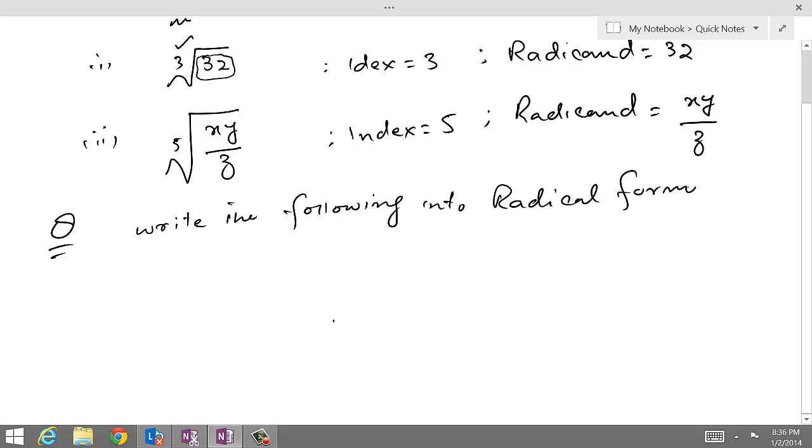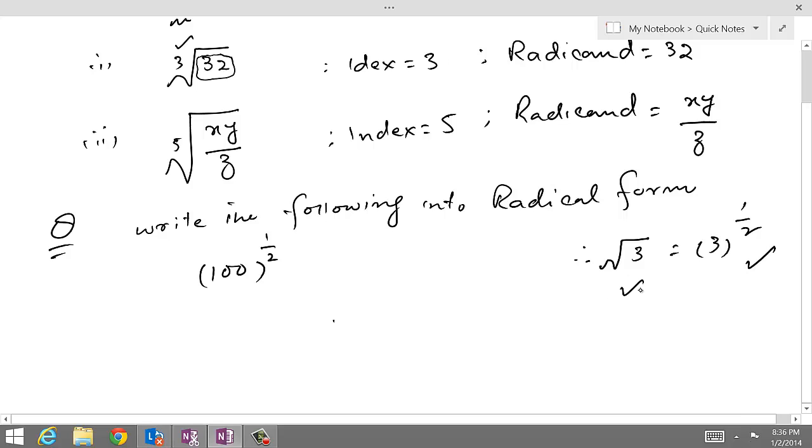Here what we have is 100 power 1 by 2. If you remember, we wrote the square root of number 3 like this, and the equivalent exponential form was written as 3 power 1 by 2. This is exponential form, this is radical form.